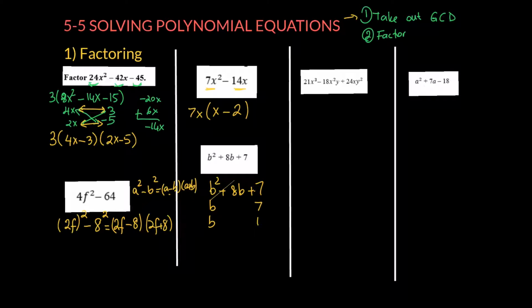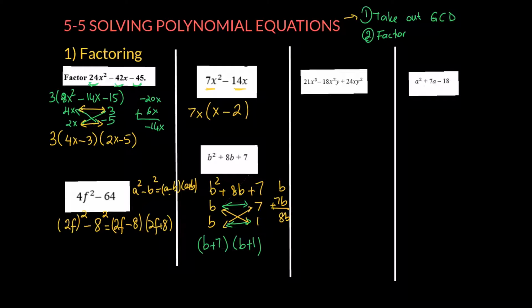Now, if we do cross multiply, b times 1 is positive 1b. b times 7 is 7b. If we add these together, we get 8b, which is the term that I'm looking for. So that means these are the right numbers to choose. I can pair these two and then these two by writing b plus 7 times b plus 1. Now that one is done as well.